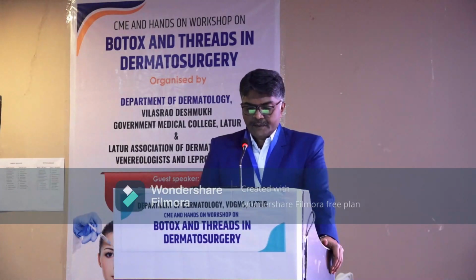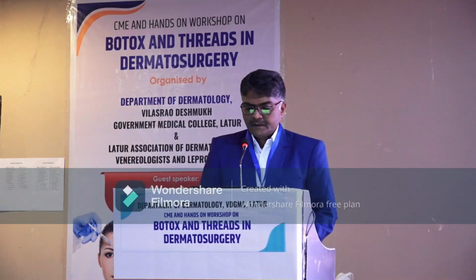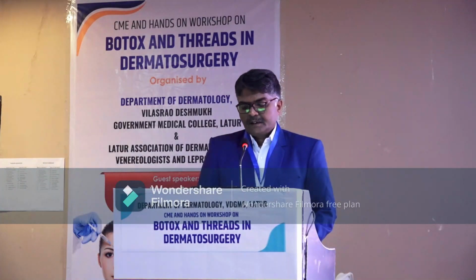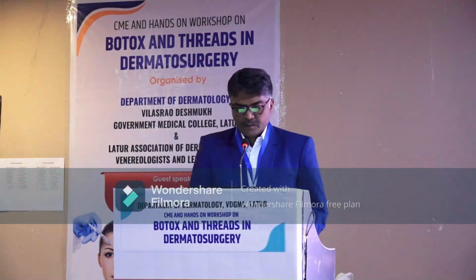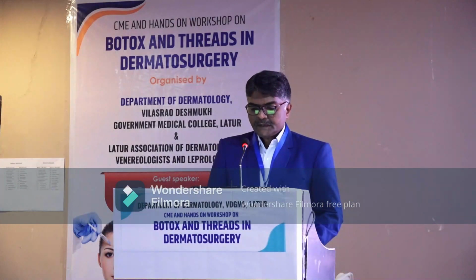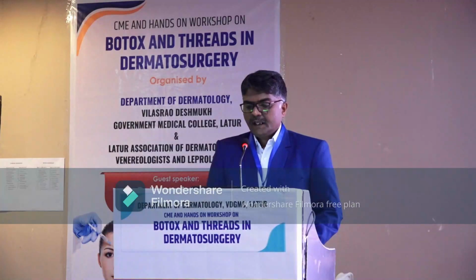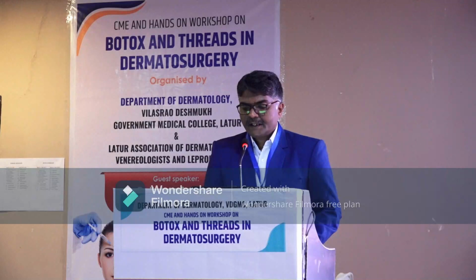Blood supply, again to revise, mainly the external carotid branch facial artery, with 4 main branches. It emerges at the mandibular angle, then superior and inferior labial arteries, then lateral nasal artery and angular artery.